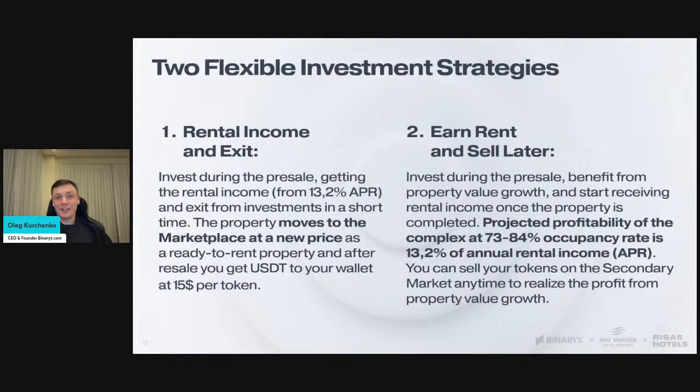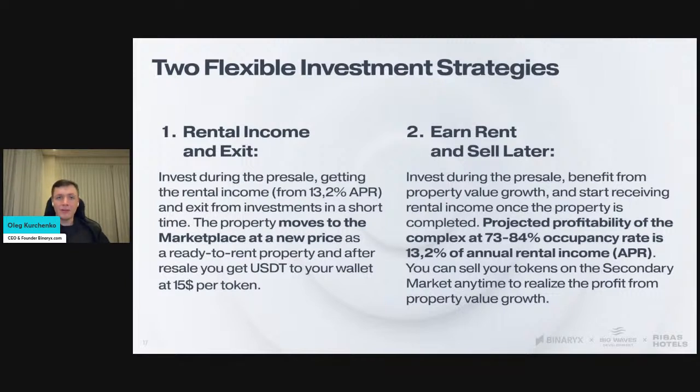Why am I telling you that? Because all of our investors have different approaches. Somebody would like to make money from rental income passively and build compound interest for themselves. Some people would like to earn from the property and sell it later on the secondary market or somewhere else, and they are hunting for tokens that are generating rent.